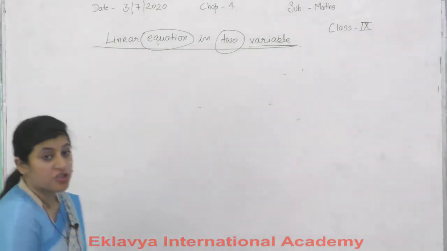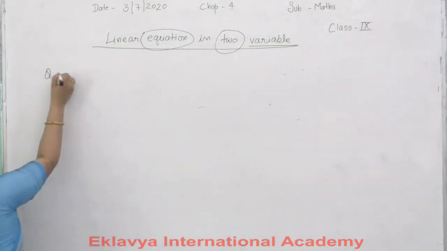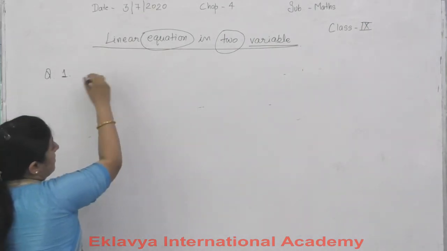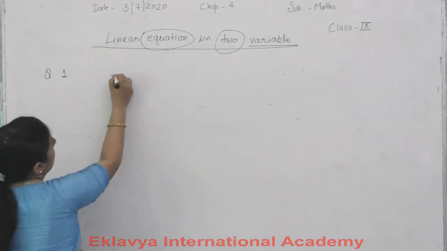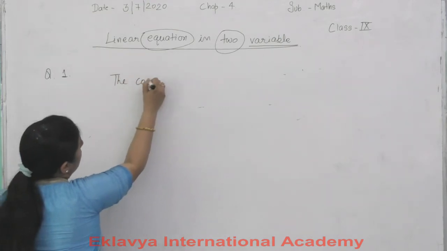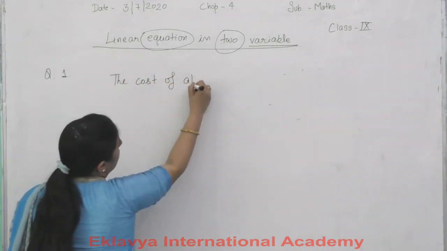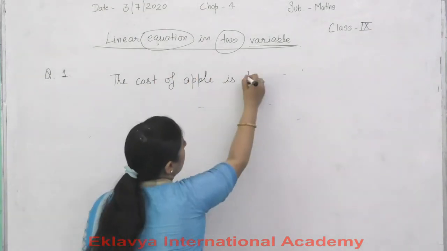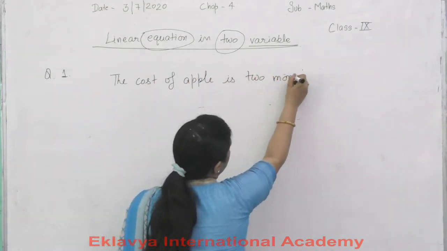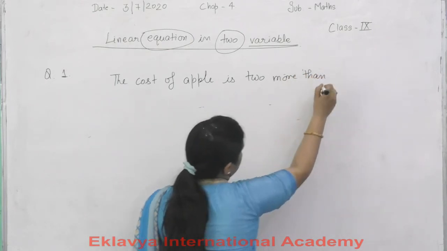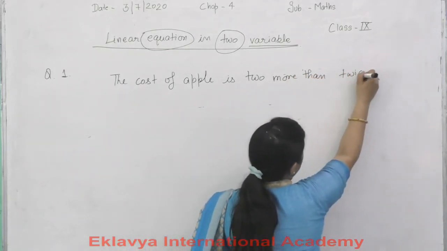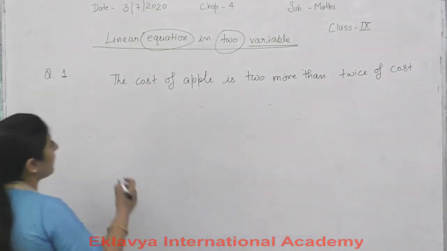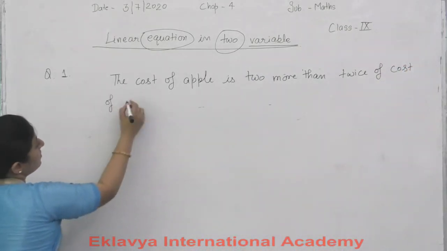Try one question for your homework. The cost of an apple is 2 more than twice the cost of a banana.